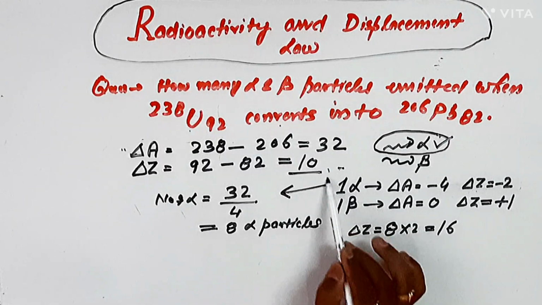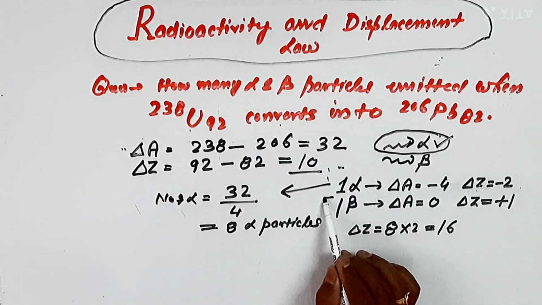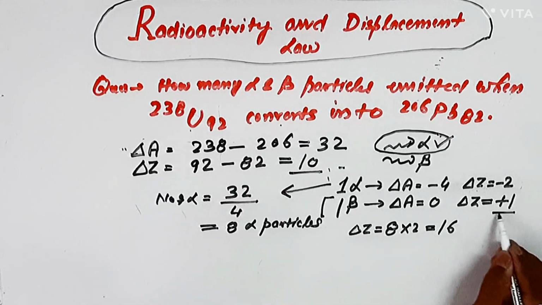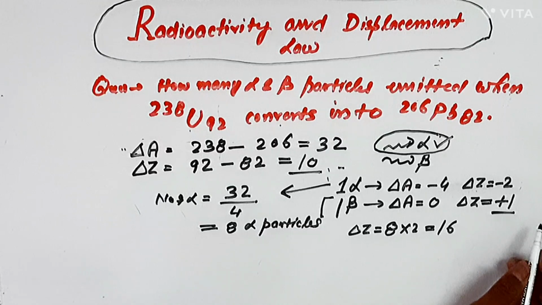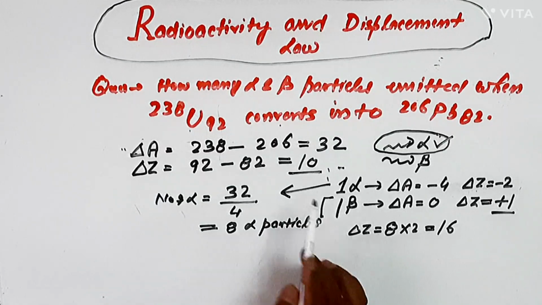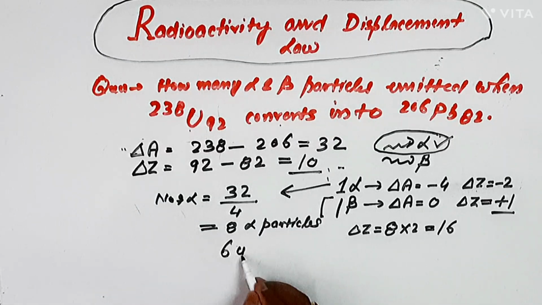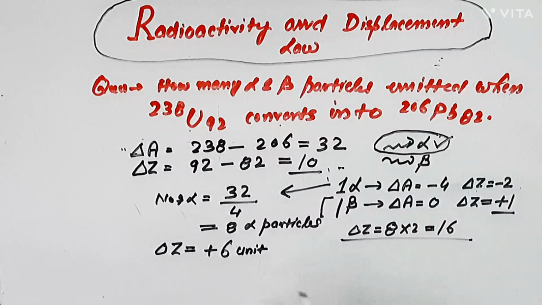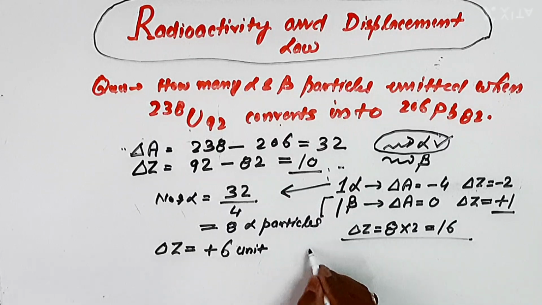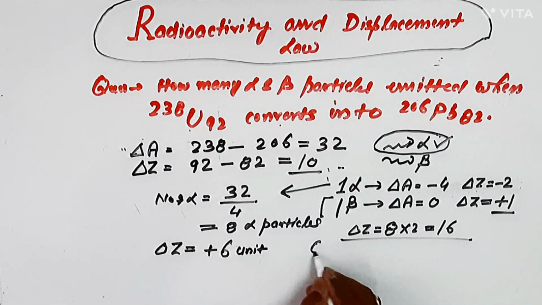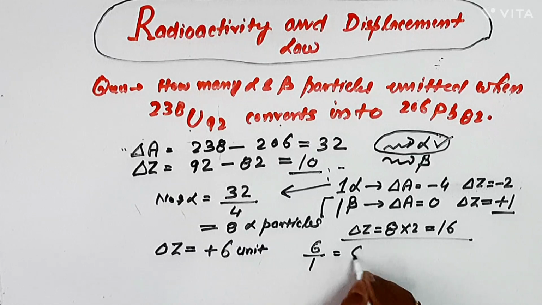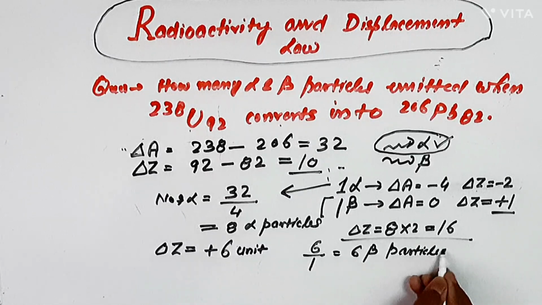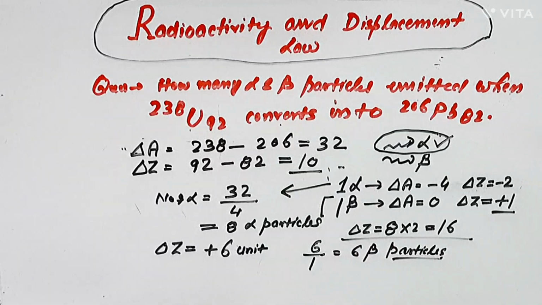Because along with alpha emission, the atom also emitted beta particles. One beta particle increases atomic number by 1 unit and there is a gain of 6 units in atomic number. So how many beta particles? 6 divided by 1 means 6 beta particles will also be emitted along with alpha particles.